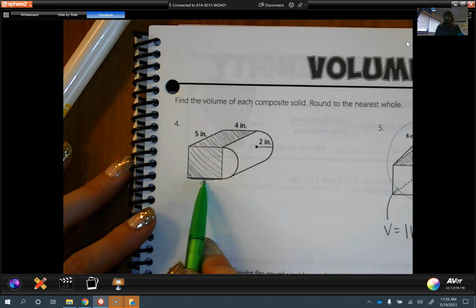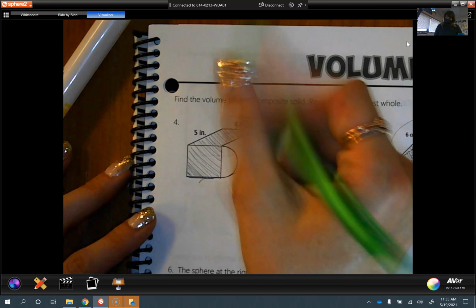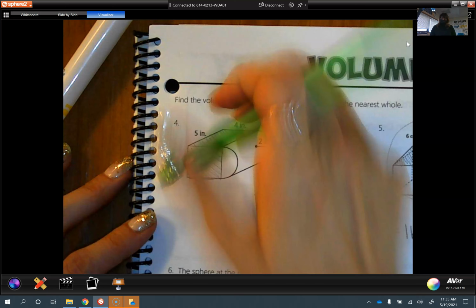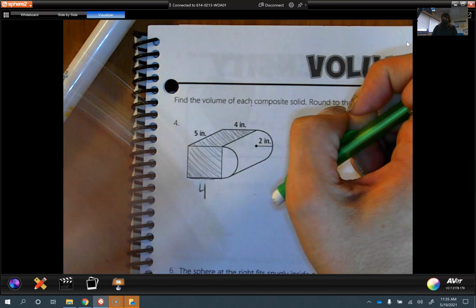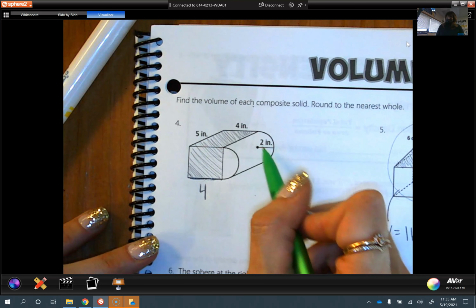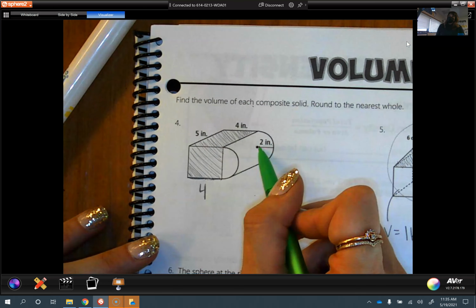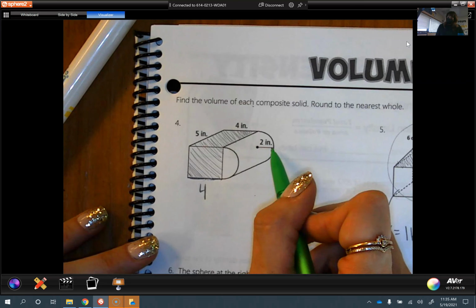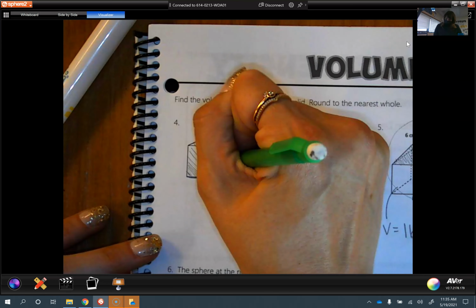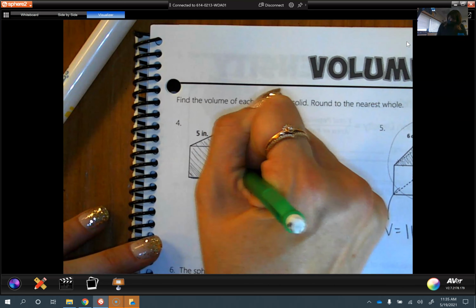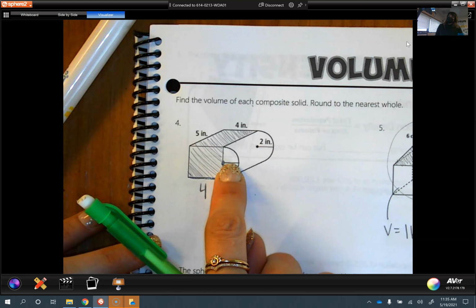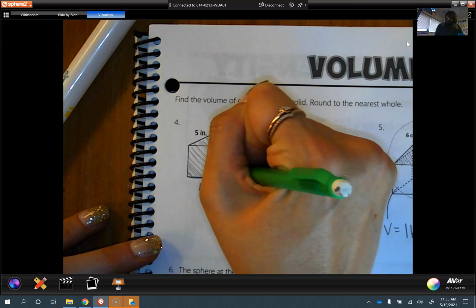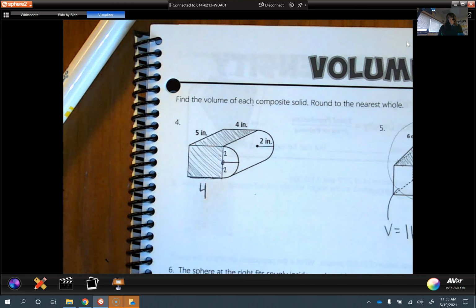4. And he's looking very much like a square. So what they're telling you here is that the radius of this cylinder is 2, which means that this distance is also 2, which means that this distance is 2 and this distance is 2.